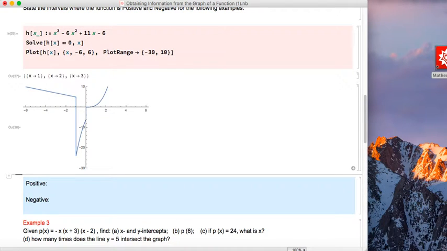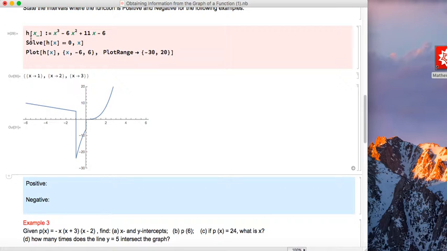Let's change to -30. Also, I'm going to change to -30 to 20. Okay, looks better. So here we can see the part of the graph. This is a vertical line and this is vertical.